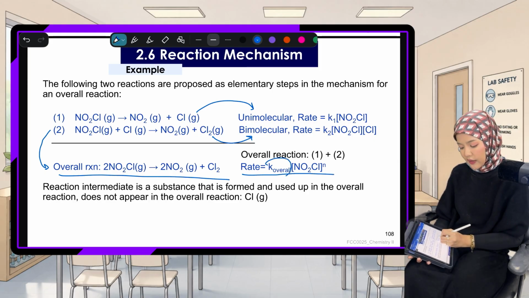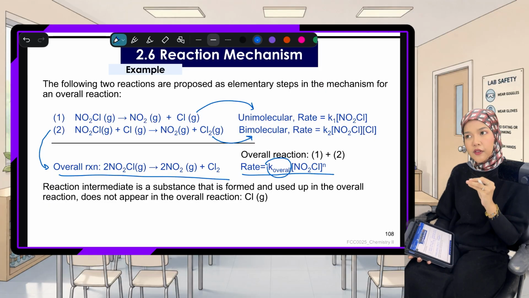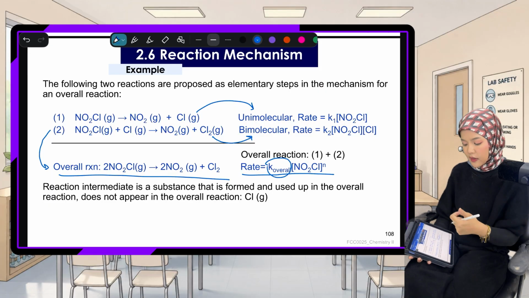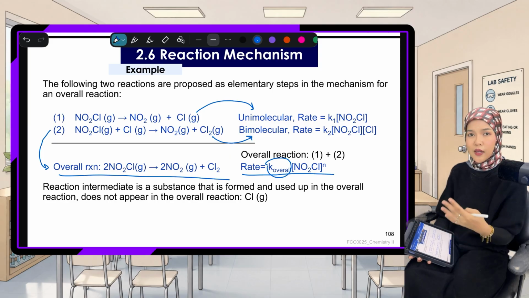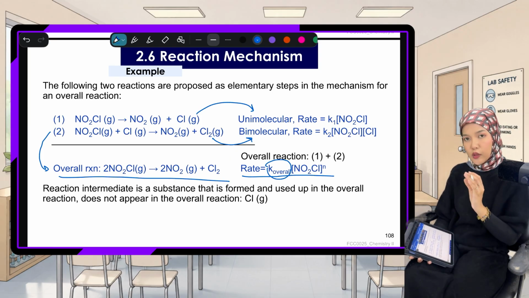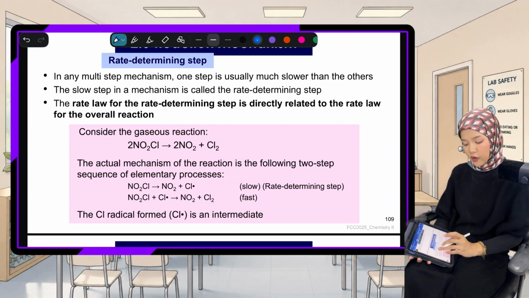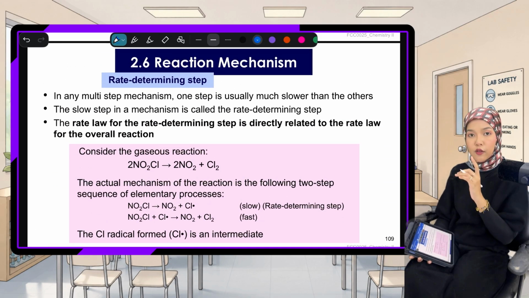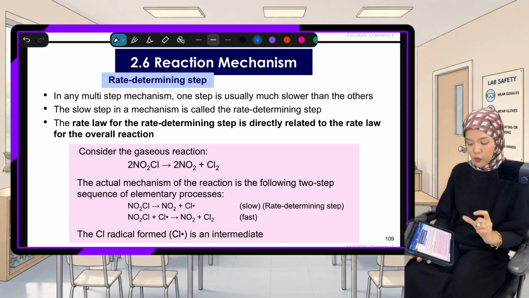So the key value, for every process, whether it is the overall, K1, K2, and so on, is going to be different. How do we know what is the overall rate constant? This is where you need to learn about the rate determining step. Some elementary processes are fast, some are slow.